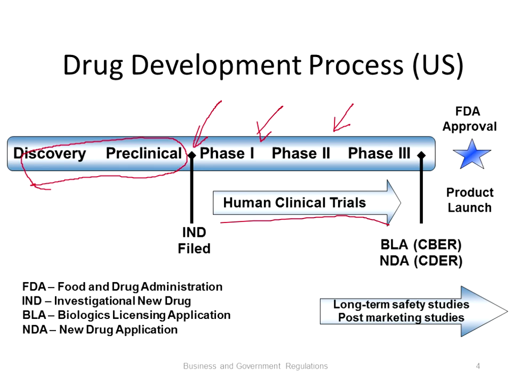IND stands for Investigational New Drug Application. IND is filed over here after you get preclinical data. BLA and NDA are the same things, but they apply to different products. BLA is applicable to biologics, and mostly this covers the biotech products, right?